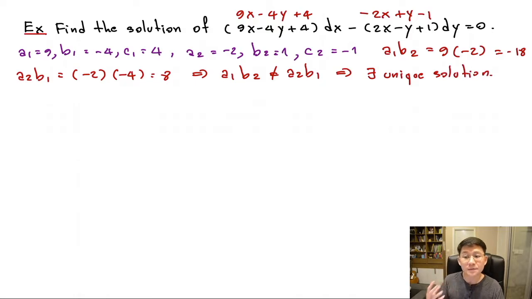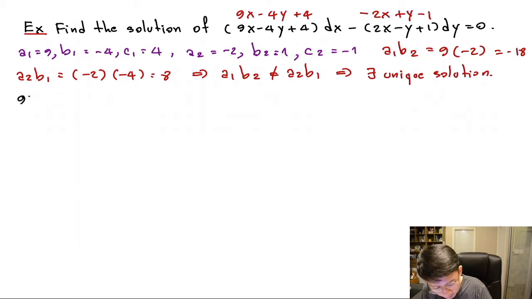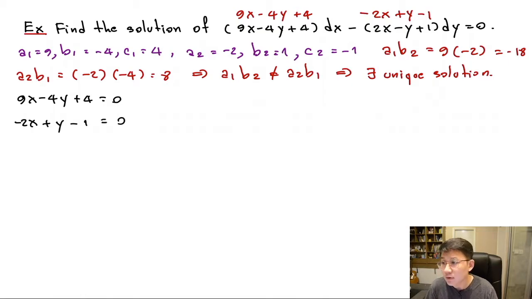Okay, if there is a unique solution, first let's try finding the solution. So we have that 9x minus 4y plus 4 equals 0, minus 2x plus y minus 1 equals 0, right? I'll call these first equation and second equation, and then I multiply the second equation by 4.